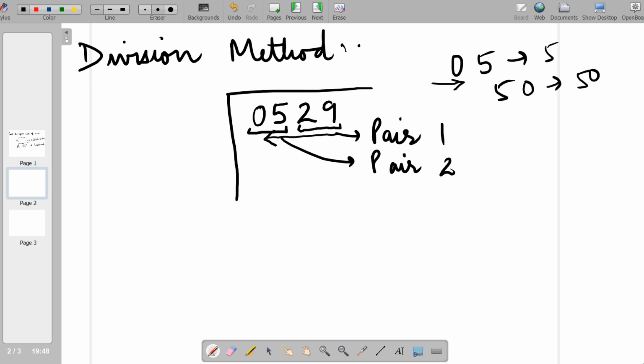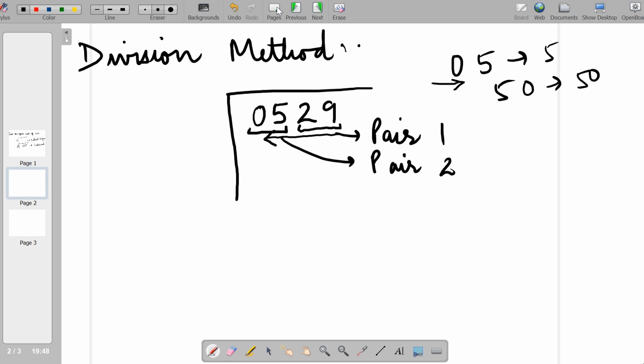Otherwise, you can leave it as it is. So the first thing is, you traverse from right towards the left. The second thing is, put two digits in pairs, no matter if you get a 6-digit number, 7-digit number, or any digit number. When this is clear, we will move on to the next step.